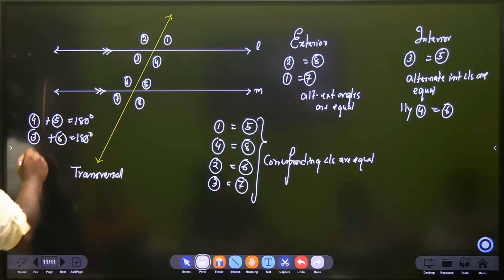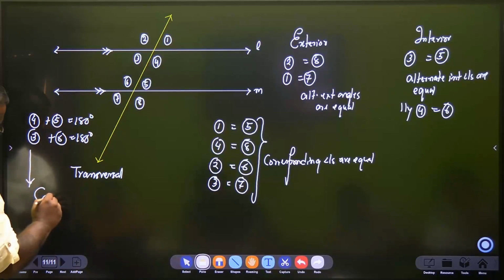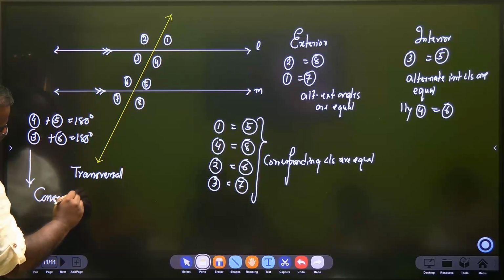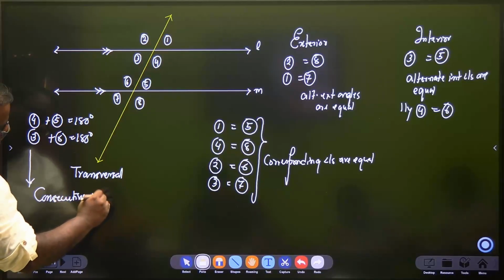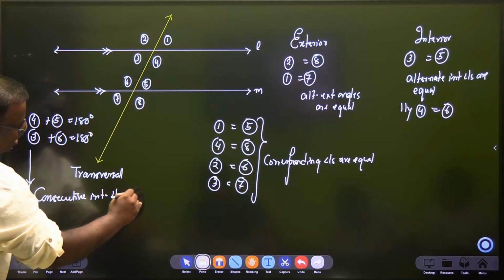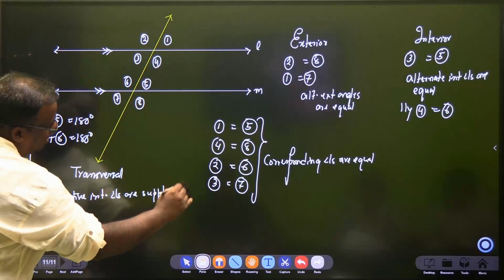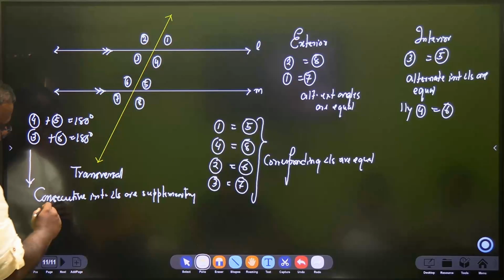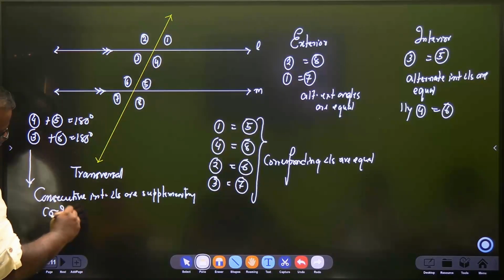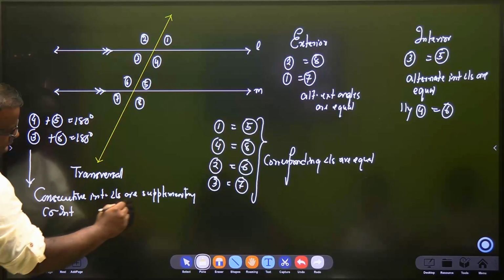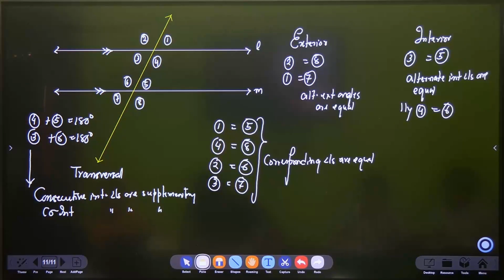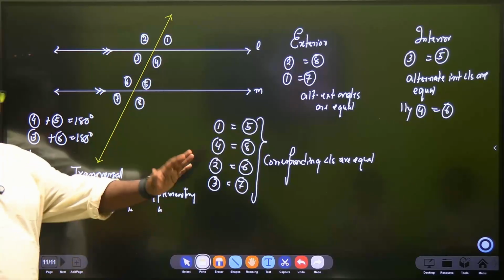In some books they will be called consecutive interior angles. Consecutive interior angles are supplementary, and in some books the language will be changed to co-interior angles are supplementary.